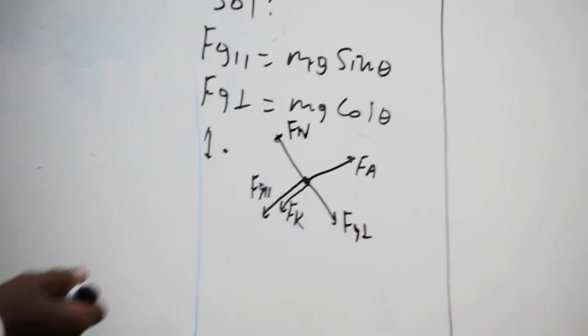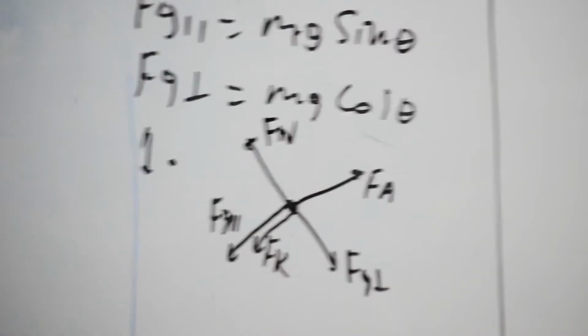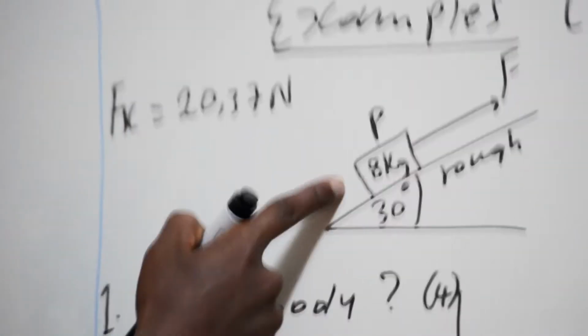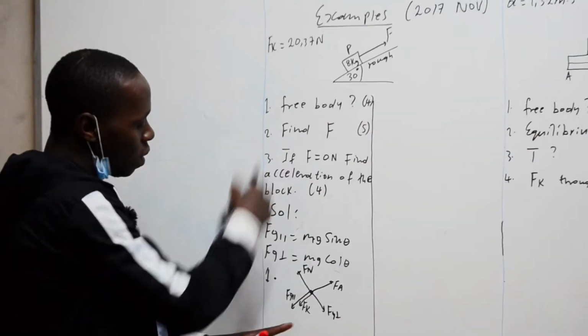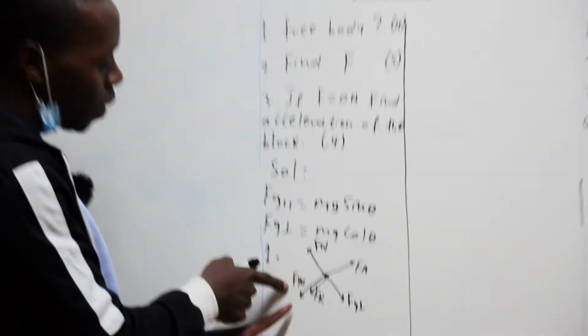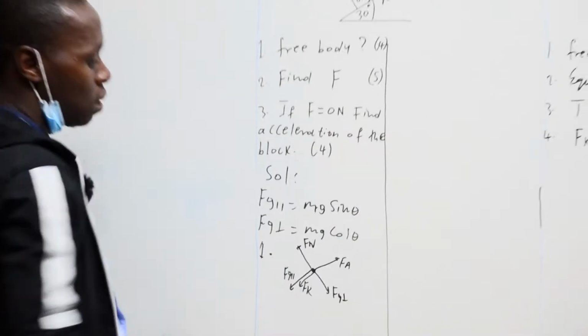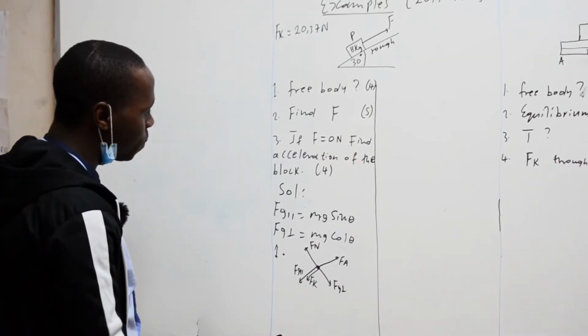That's why we get 4 marks for the free body diagram. So this is what you are given. Now FN from the surface, FG perpendicular, which is the perpendicular force. FG parallel is always there. FK you are given, and FA we see there.